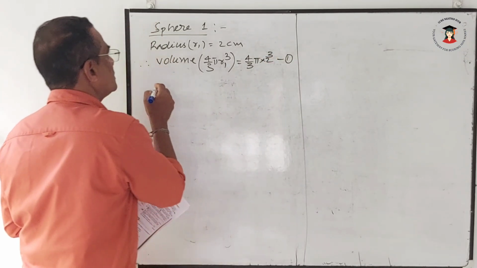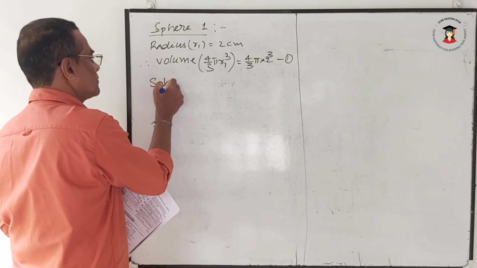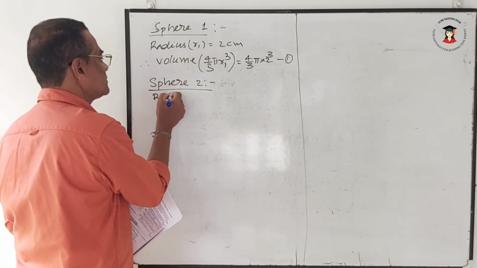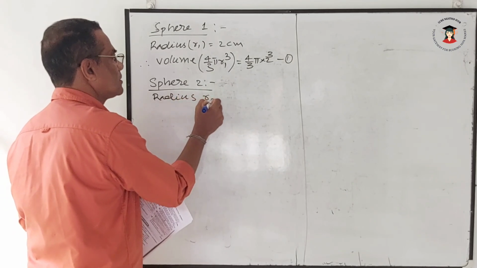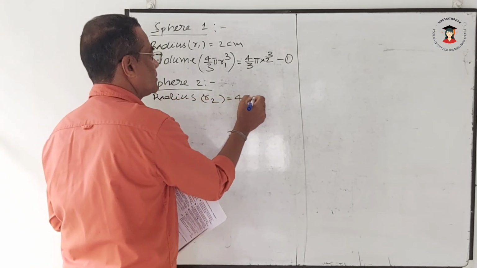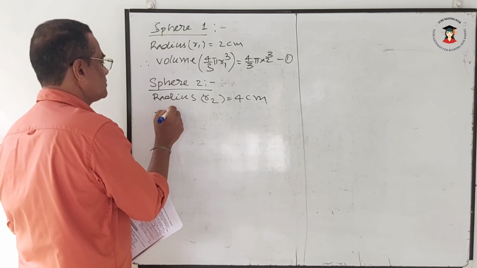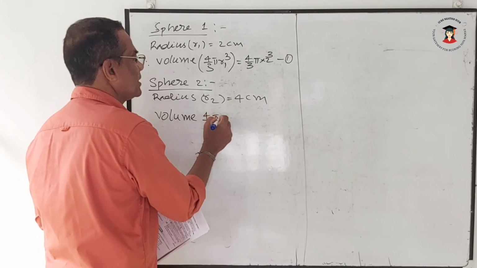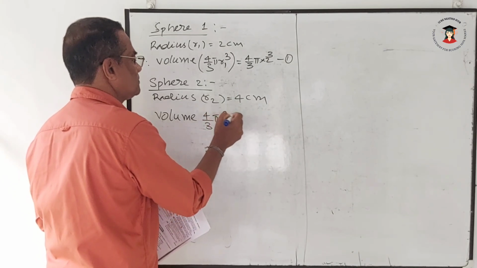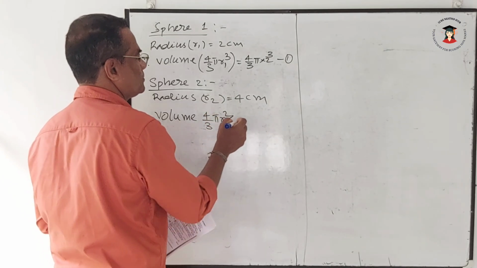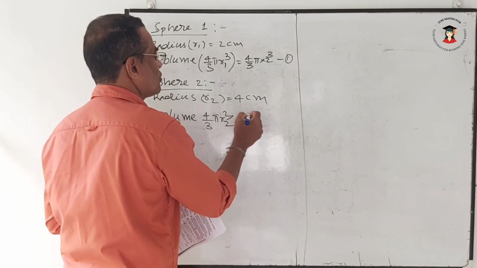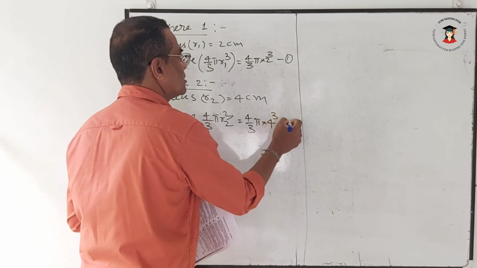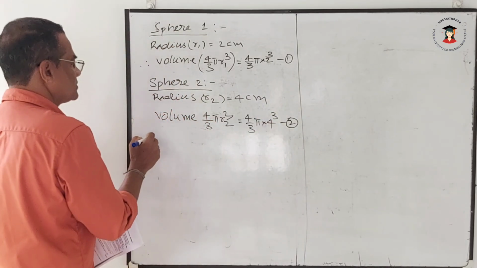Equation number 1. The second sphere, sphere 2, radius is R2 equal to 4 centimeter. Therefore its volume, again using the formula 4 by 3 pi R2 cube, equal to 4 by 3 pi into 4 cube. Equation number 2.